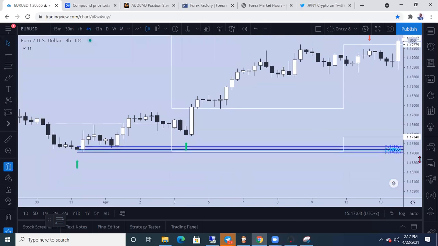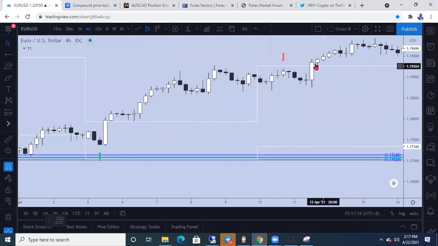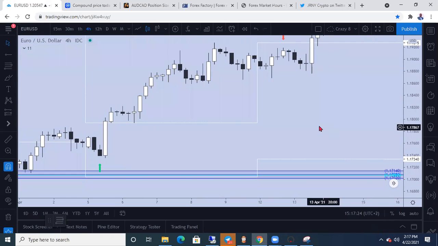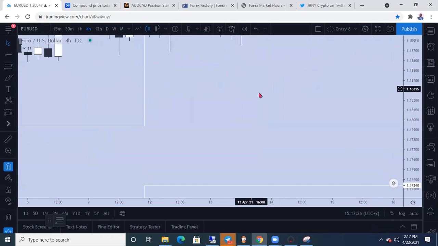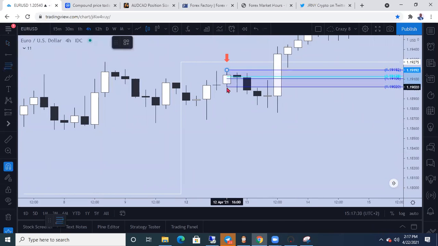Price took out the high of this week, never really gave us anything, and we'll leave it out. Price came, took out the high of this week somewhere here. Again, never really gave us, okay, gave us a H4PC here. So let's say you're trading just off H4PC, then this would have been invalidated.